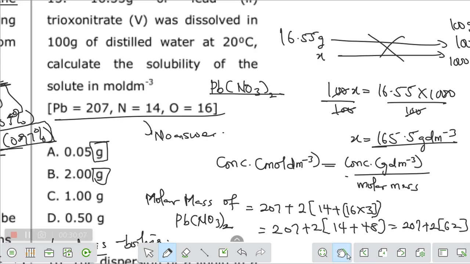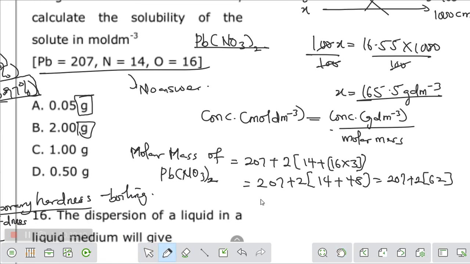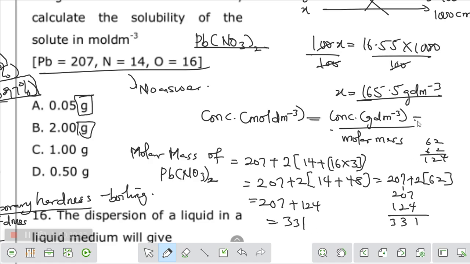So that would be 62 times 2, so that is 124. So we have 331 like that. So that's our molar mass. So look at it now. So we have 165.5 over, so our molar mass is 331.